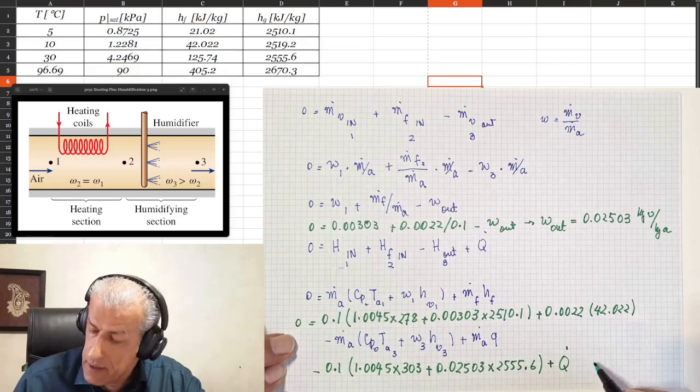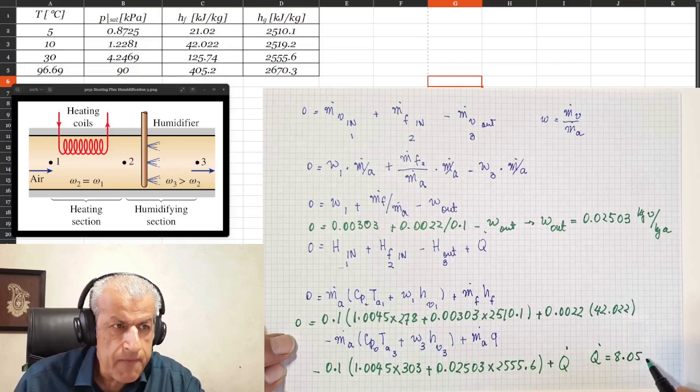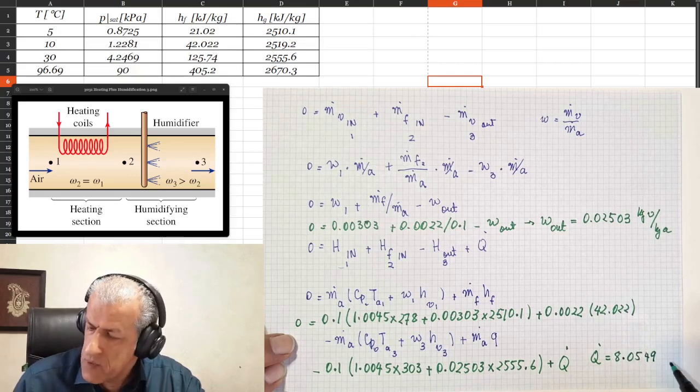The outcome for Q dot would be 8.0549 kilowatts.